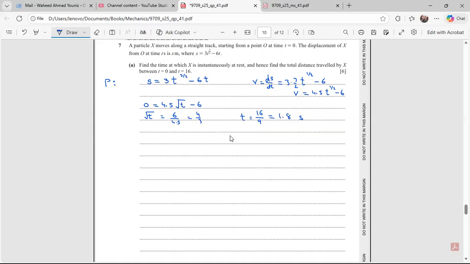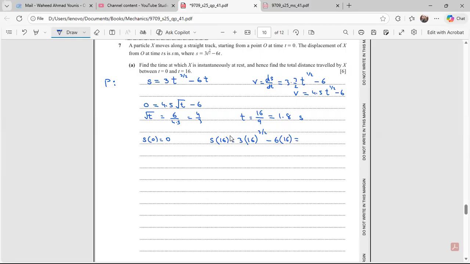And hence find the total distance traveled by X between 0 and t equals 16. Remember, at time 0, s was 0 if I substitute t equal to 0. And the distance at time 16, I just need to plug in the values: 3 times 16 to the power 3/2 minus 6 times 16.